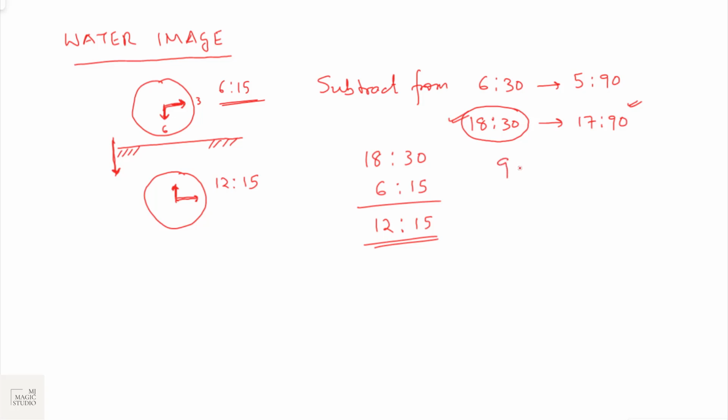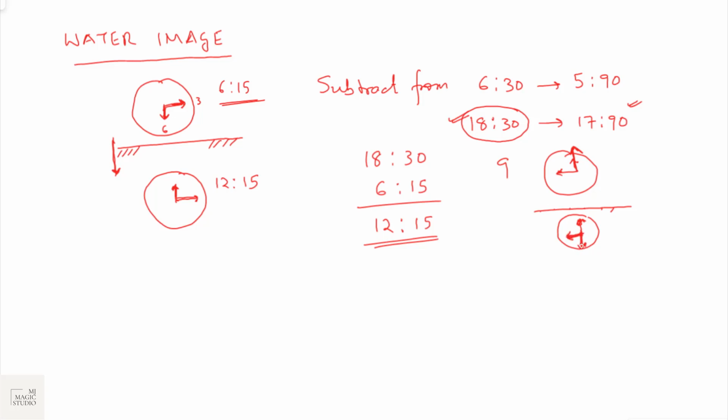So if it is like 9, what would be the water image? We know it is 9 o'clock. This is the small one, this is the big one. Water image is going like this, the big one will go down, and this will be in this.